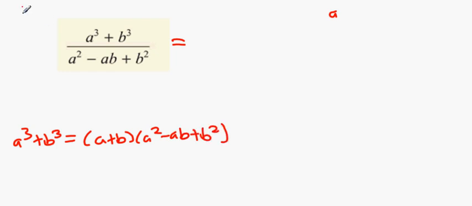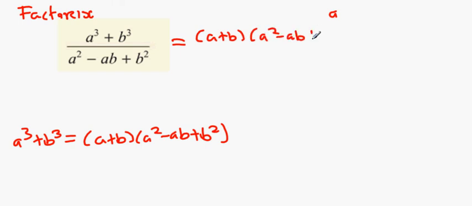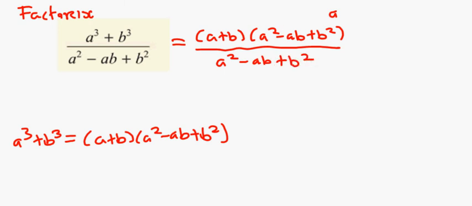And when you factorize this, it turns out to be a ridiculously easy question, where it's going to be (a plus b)(a squared minus ab plus b squared), all divided by a squared minus ab plus b squared. The two of these will cancel off, and the answer is going to be a plus b. Okay, so that's the answer to that one.